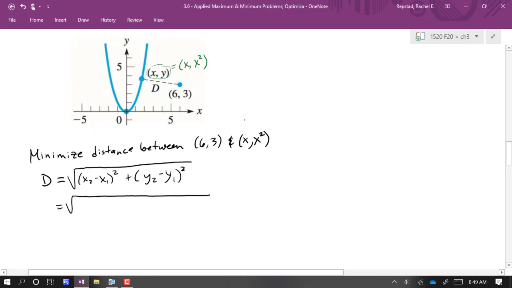I'll treat this as my x2, y2, and the (6, 3) will be my x1, y1. So this looks like the square root of (x minus 6) squared plus (x squared minus 3) squared.